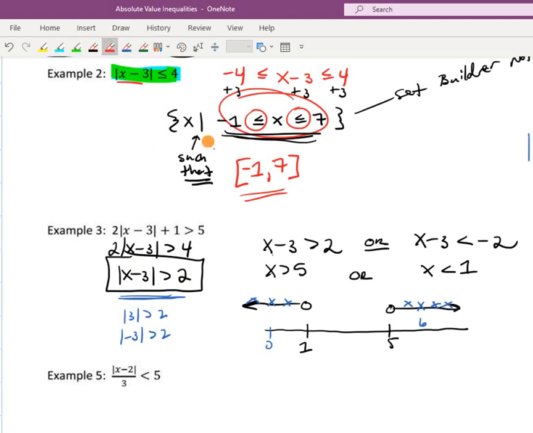Put 3 in here. So this phrase here would be a distance of more than 2, because greater than 2, from 3. Would you agree that just a number right to the right of 5, that first number to the right of 5, is more than 2 units from 3? And just this number right, 0.99999, is that number more than 2 from 3 on that side? And then all these other values have the same characteristic, same information.